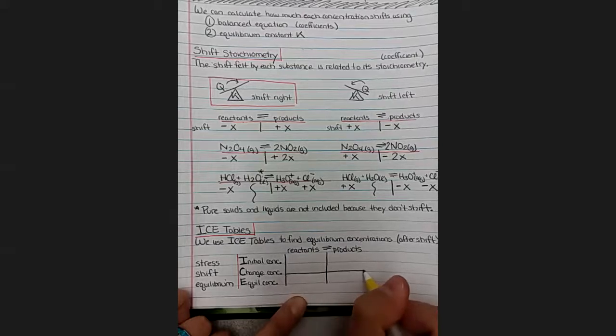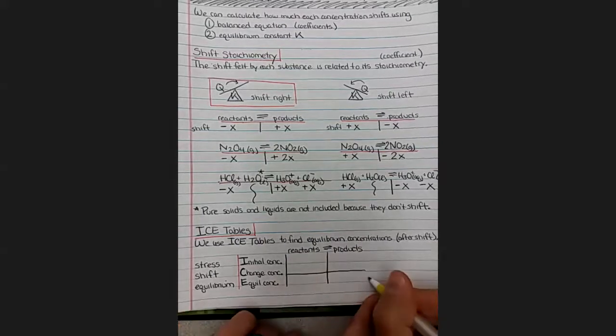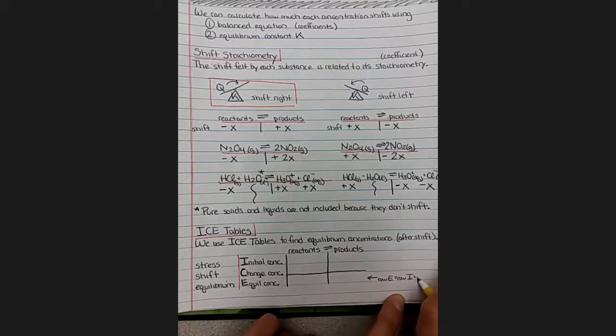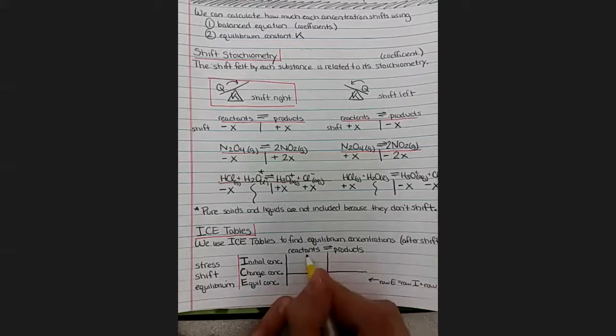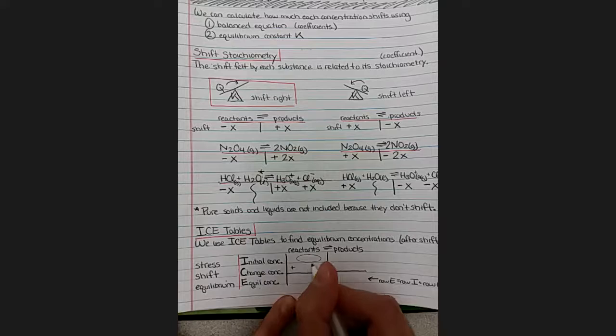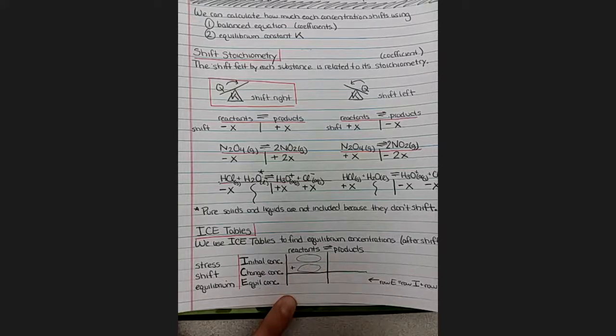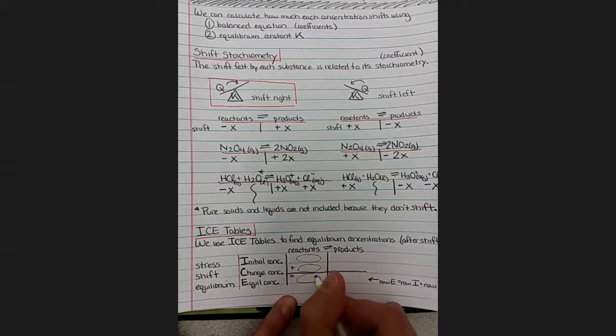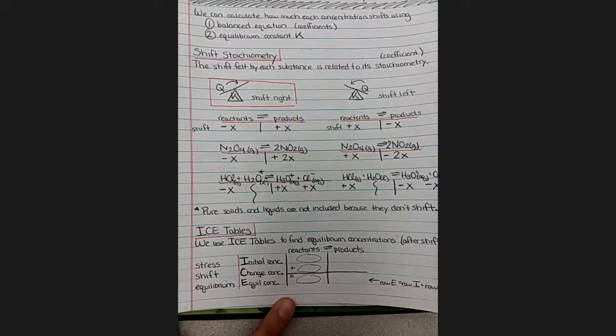And then I'm going to add one more line between C and E. And that's because row E, the equilibrium row, is going to equal row I plus row C. So we're going to take this thing in the I column and we're going to add it to this thing in the C row, and that's going to equal this thing in the equilibrium row.